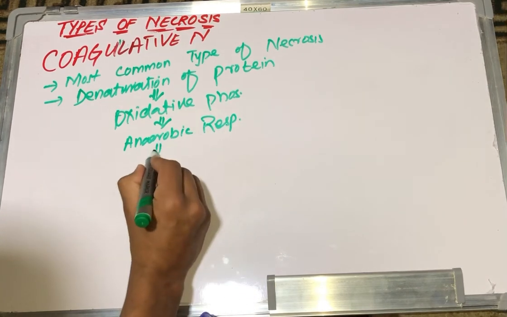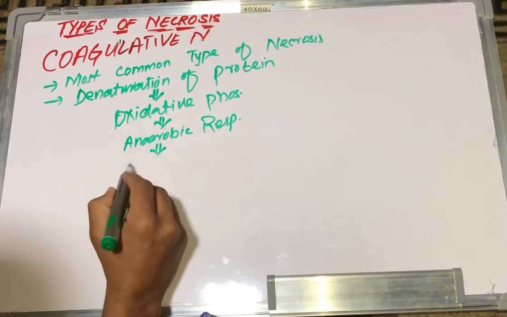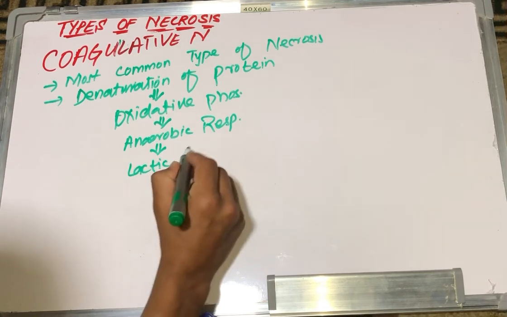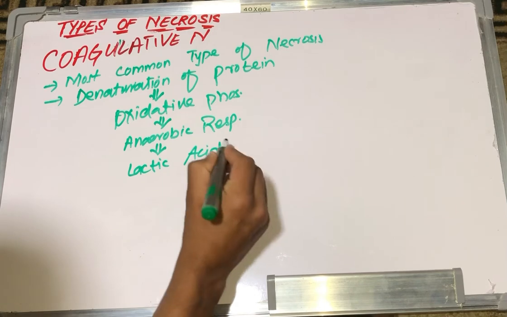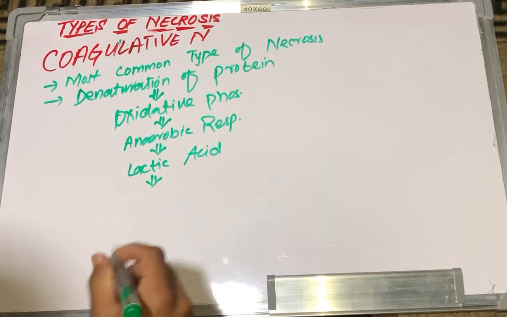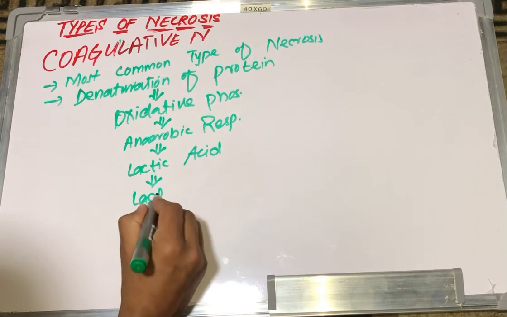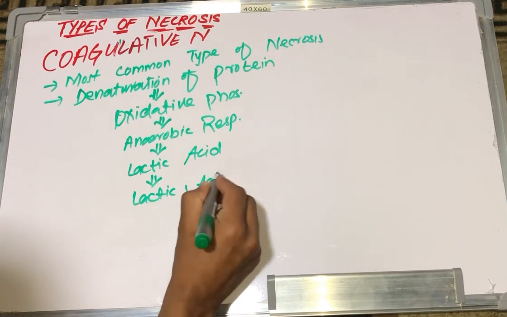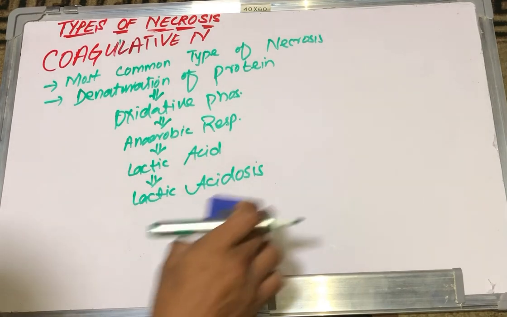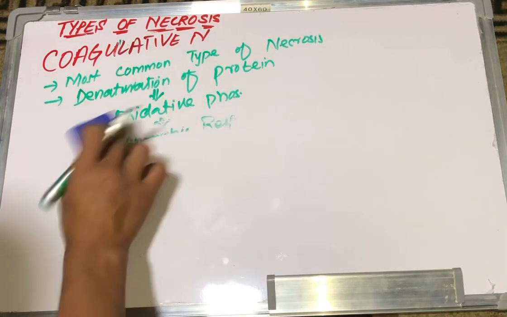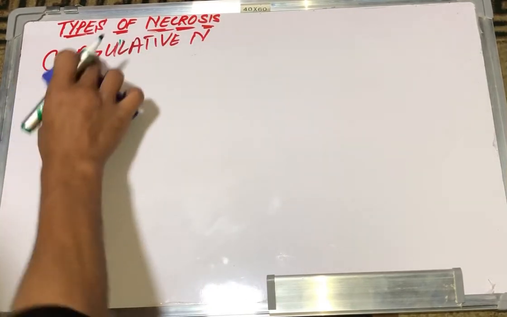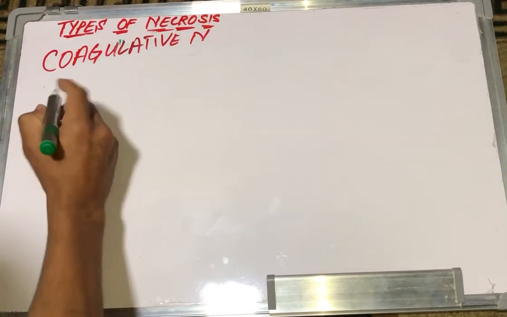As a result of anaerobic respiration, lactic acid is produced inside the cell, which leads to lactic acidosis of the cell. Due to increased acidity inside the cells, the proteins inside the cells are denatured.